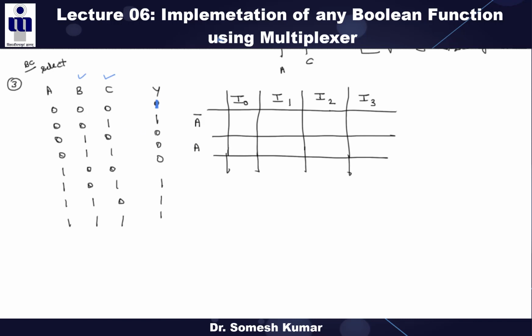How is the numbering done here? For 0, 1, 2, 3, all this is A bar, and the next 4, 5, 6, 7, this is A. So in a simple way we can do the numbering: 0, 1, 2, 3, here 4, 5, 6, 7. And now as per your outputs, we circle these: 0, 1, 5, 6, 7. Now what is I0 for this?